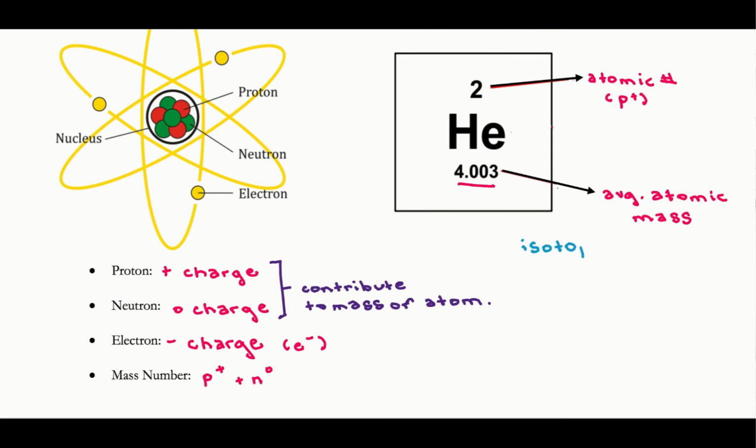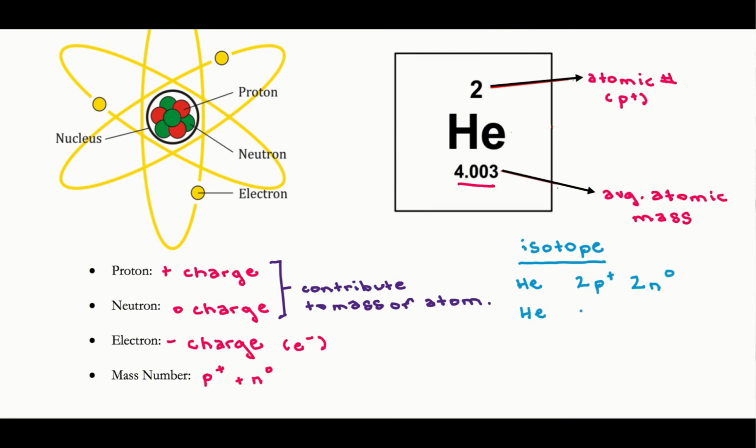Okay, so let's say, for example, for helium, you've got a helium atom that has 2 protons, because it has to have 2 protons, and 2 neutrons. Well, if it has 2 protons and 2 neutrons, remember the mass number is simply protons plus neutrons, so you would have a total mass number of 4. Well, what if you have a different isotope of helium?